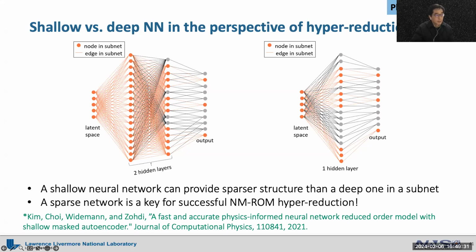This allows not only the shallow neural network in the original autoencoder, but also whatever architecture you use, like a convolutional neural network. It could be a deep neural network, and that kind of hyperreduction is also possible. So it's good to see that those other types of nonlinear hyperreduced models are available.